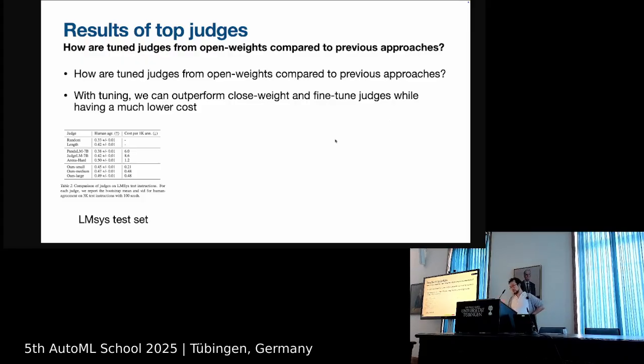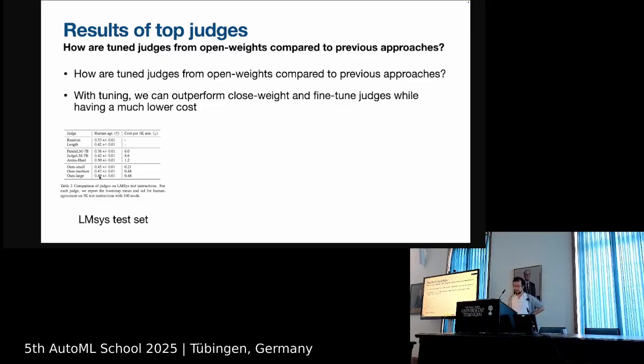We report on three datasets. One is the LM6 test set, so that's battles from Chatbot Arena, but on test instructions, instructions that were not seen. There, the human agreement is what we are optimizing for in the validation score, and we report what we have.